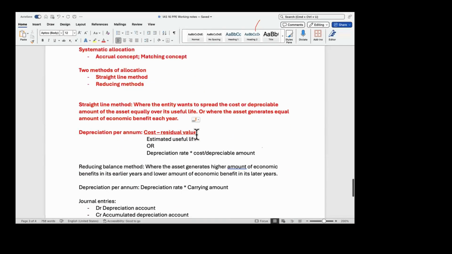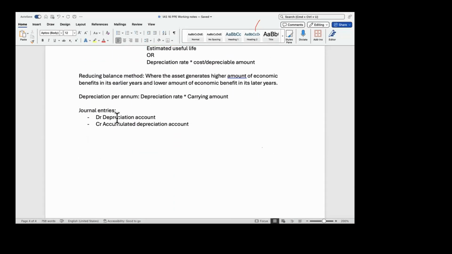Some people think depreciation is this one, the depreciation account that goes to your P&L, then you now credit the asset account. No, you don't credit the asset account with depreciation. The asset account is always at cost, or at fair value, depending on the model you're using. So it goes to an accumulated depreciation account.